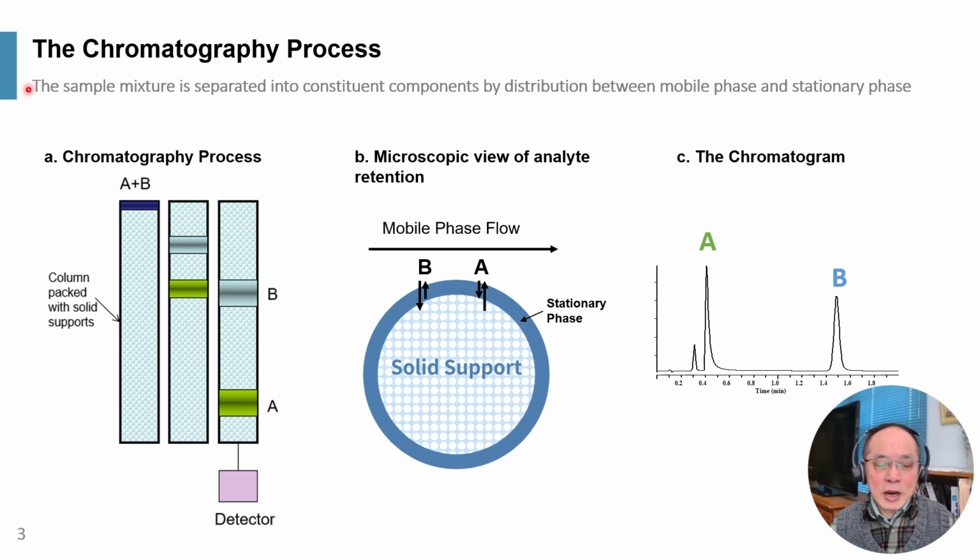In this slide, we describe the chromatographic process where the sample mixture is separated into its constituent components by distribution between the mobile phase and the stationary phase.